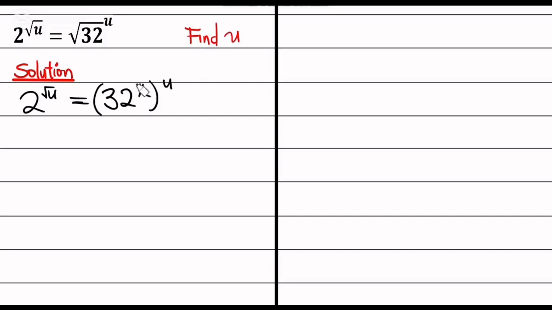We have this exponent of half there simply because the square root of a is the same thing as a raised to the power of half, and that explains the exponent of half that we have here.